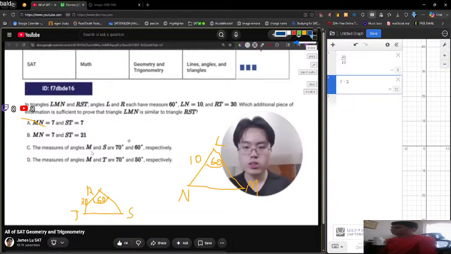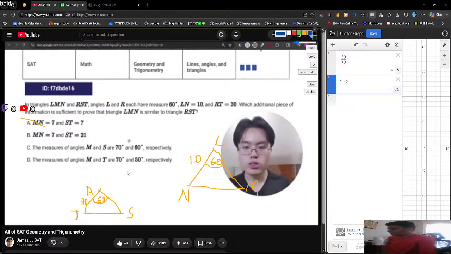The measurements of angles M and S are 70 and 60, respectively. The measurements of angles M and T, wait, M and S should work, not M and T, right? Wait, no, they're not the same.